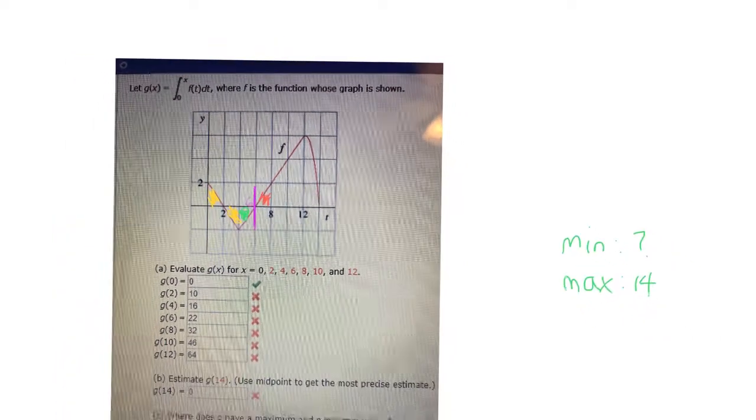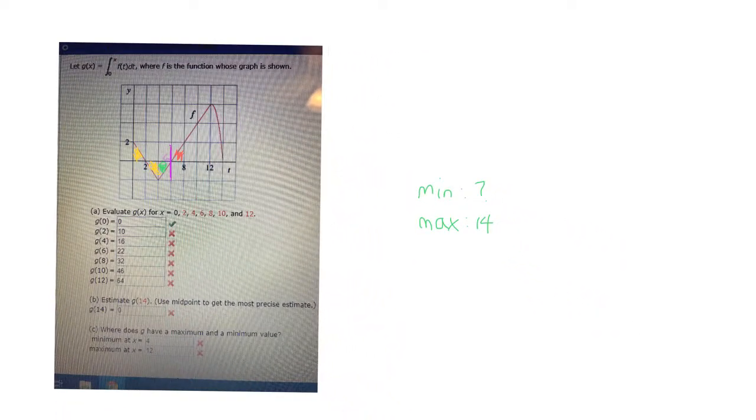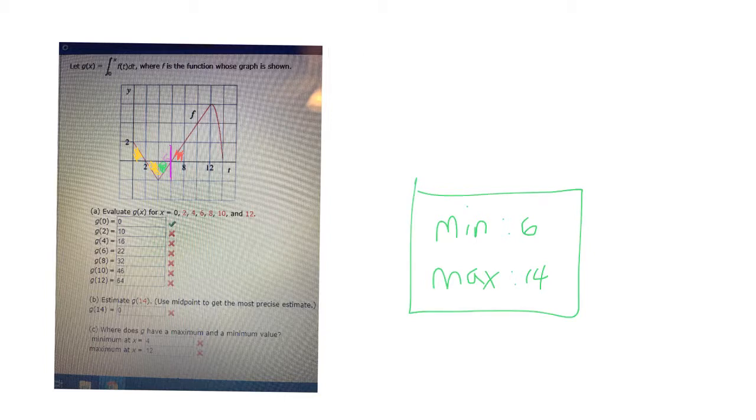I hope that makes sense. So the minimum was when x was 6. So I'll rewrite this: its maximum is at 14, and the minimum was when x was at 6. So again, unless I made careless mistakes, that's the answer to this last one.